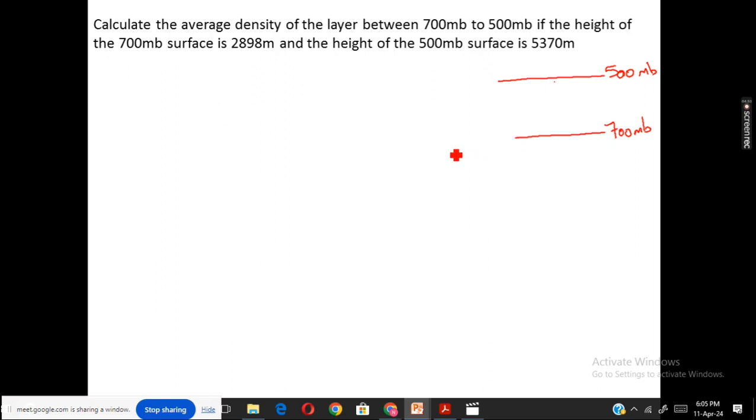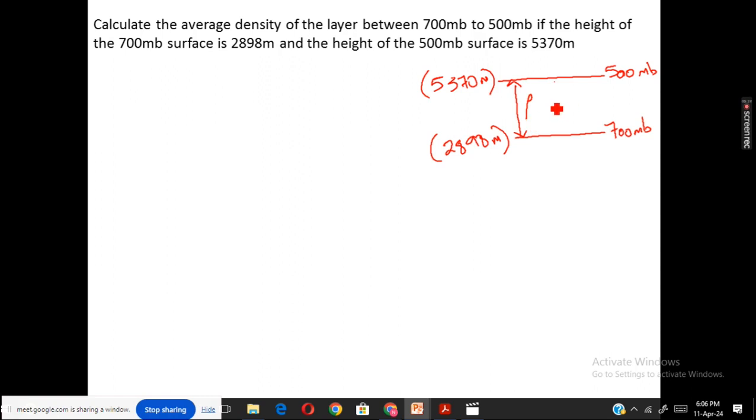They have also given the heights corresponding to these pressure levels. The 700 MB layer is present at a height of 2898 meter from the surface, and the 500 MB layer is present at a height of 5370 meter.